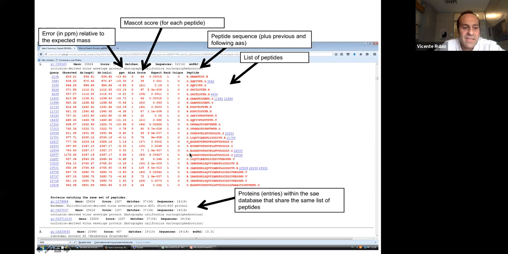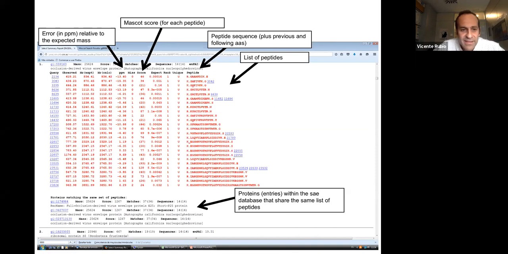So this identification is reliable, but also not definitive, because other proteins in these organisms share the same peptides. Here is the Mascot score for each specific peptide. And actually the score for a protein is derived from the score for each peptide, according to the algorithm used by Mascot.